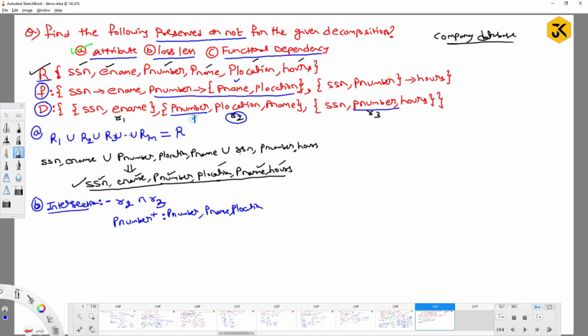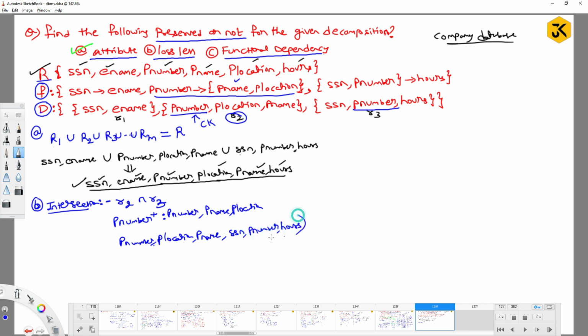I can say that P number is a candidate key here. As it is a candidate key, I can simply combine R2 and R3. So R2 is P number, P location, P name, and R3 is SSN, P number and hours.